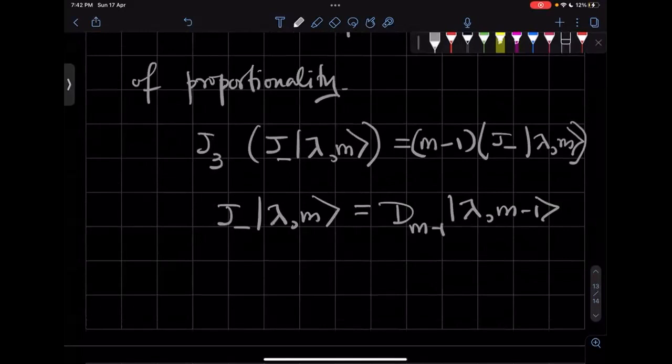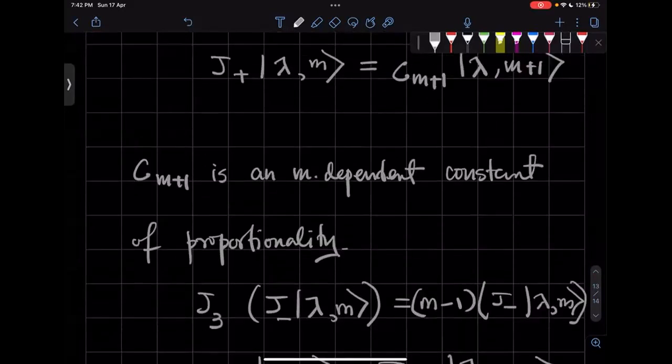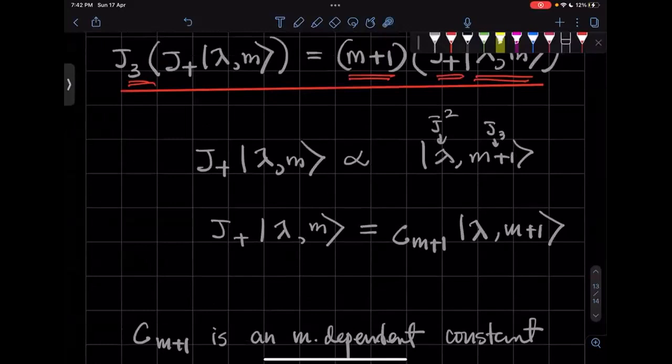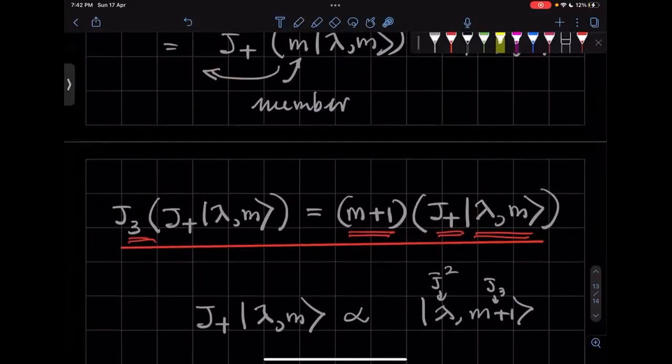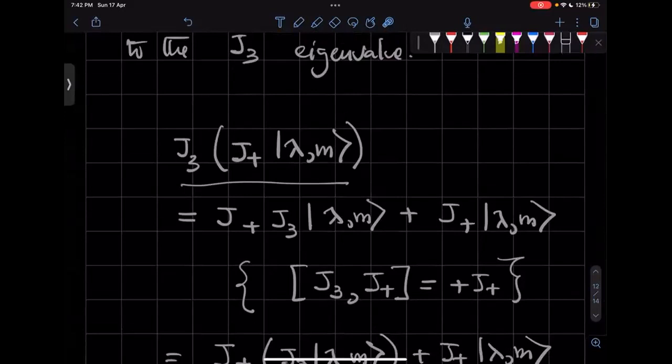I didn't really understand how we get that this is proportional to that statement. Sure. The idea is that this state is an eigenstate of J3, right? So J3 acting on |λ, m⟩ gives me m |λ, m⟩.